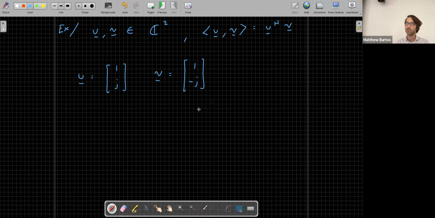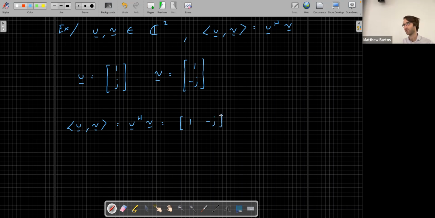Okay, so I'm seeing a couple nods. So let's go ahead and take the inner product of u with v, which is equal to u Hermitian transpose v. What does u Hermitian transpose become? We have 1 and what's the second element? Negative j, right?